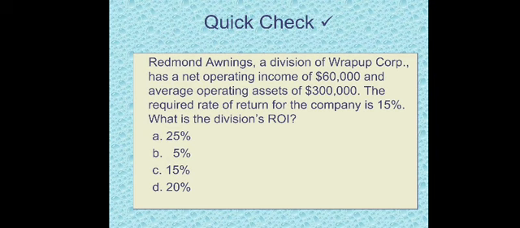This sample question will show you how to use two methods, ROI and RI, to evaluate the performance of this division, and you will see why RI maybe is a bit better than ROI.